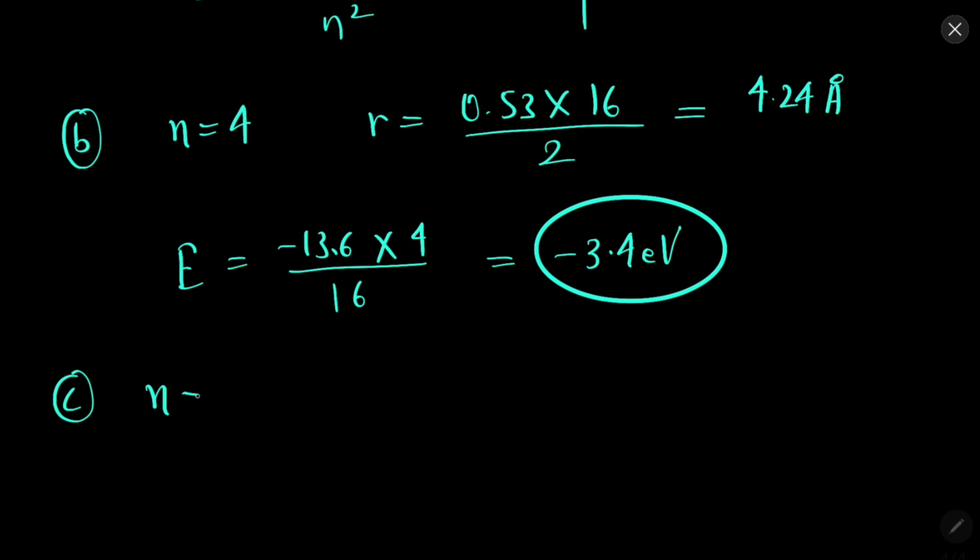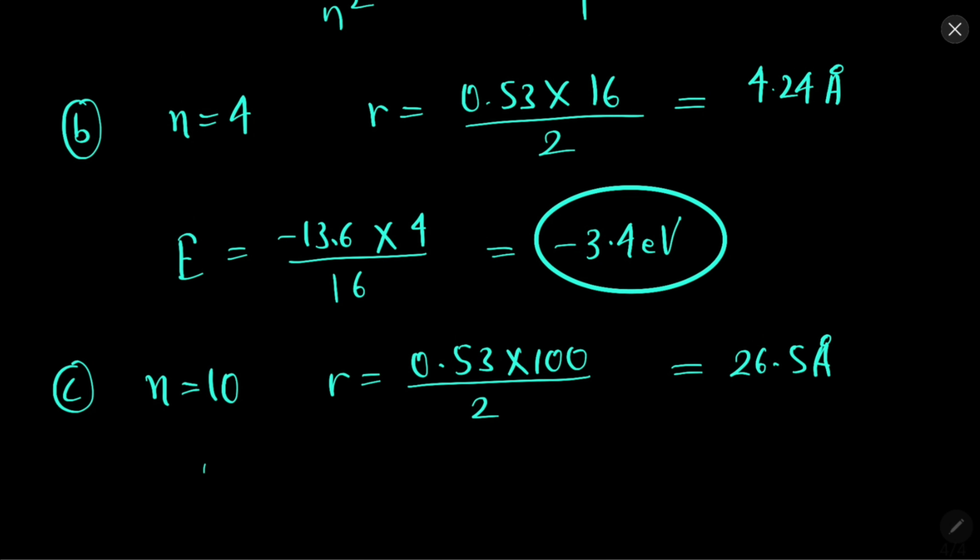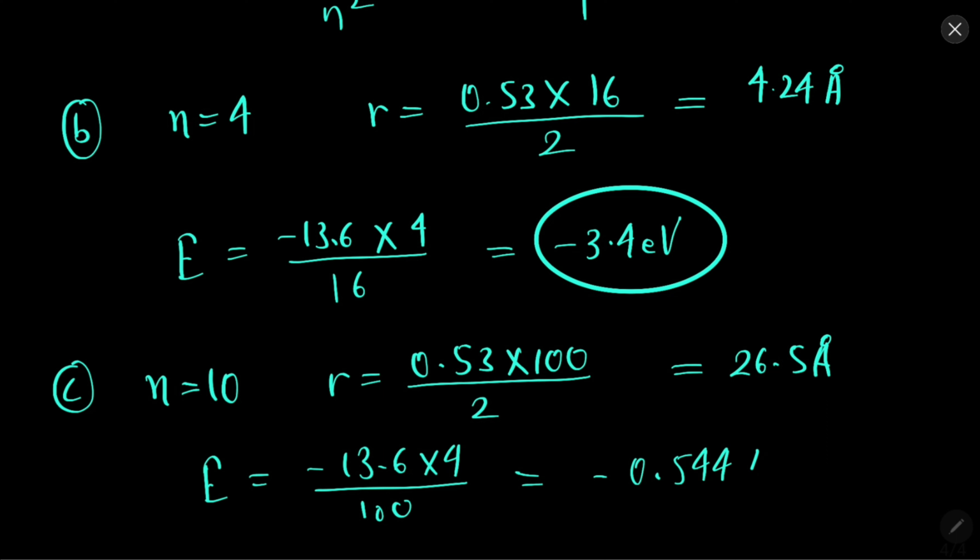C part, n will be 10, so r will be 0.53 into 10 square, which is 100, over 2, so it will be 26.5 angstrom, and energy will be minus 13.6 into 4 over 100, so minus 0.544 eV will be the energy.